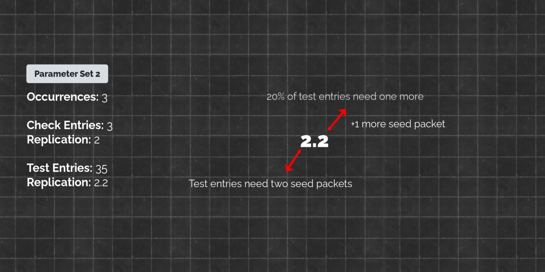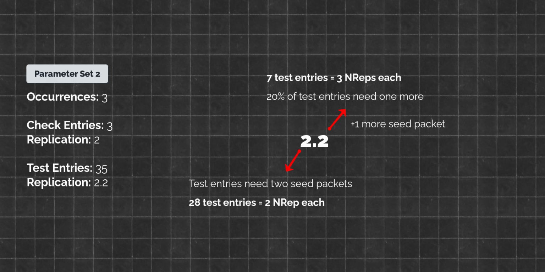Let's do the same for parameter set 2. This requires 35 test entries with a replication value of 2.2. This means that test entries need 2 seed packets for planting, while 20% of it need 1 more. So that's 7 tests replicated thrice, while the rest of the 28 entries need 2 seed packets.